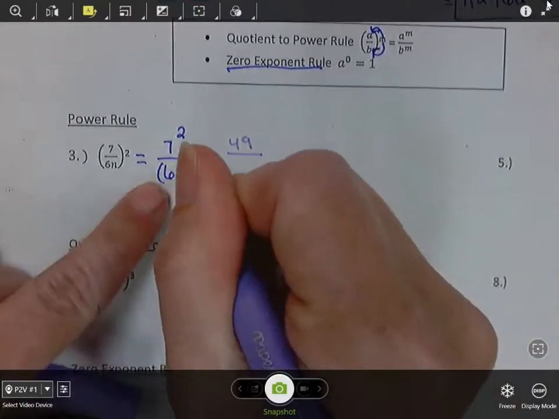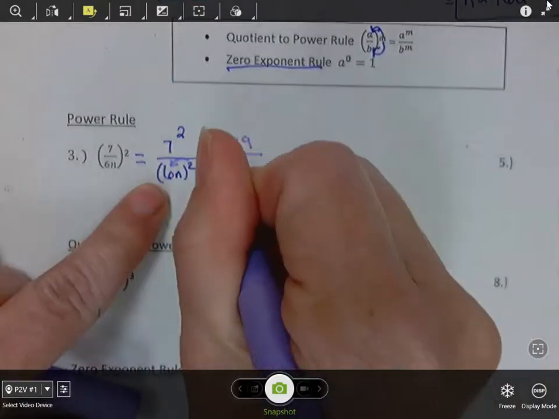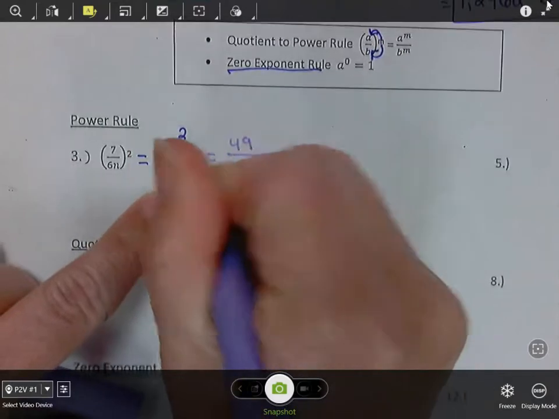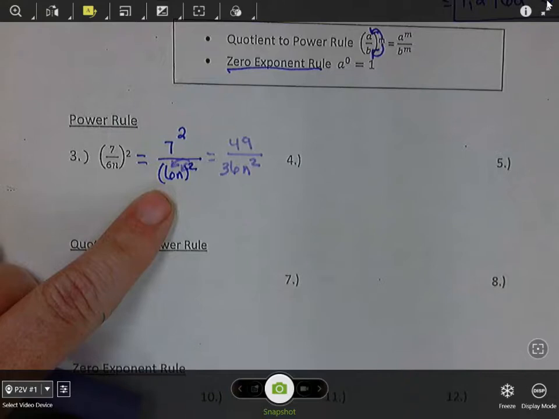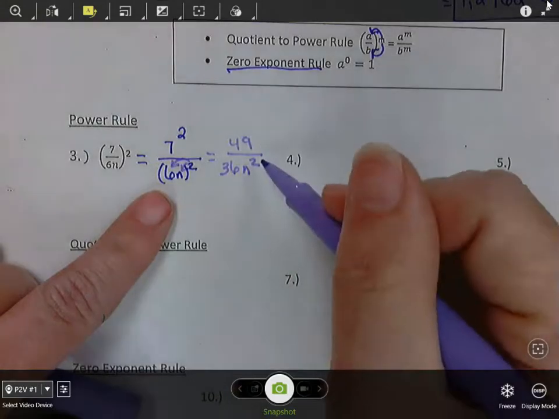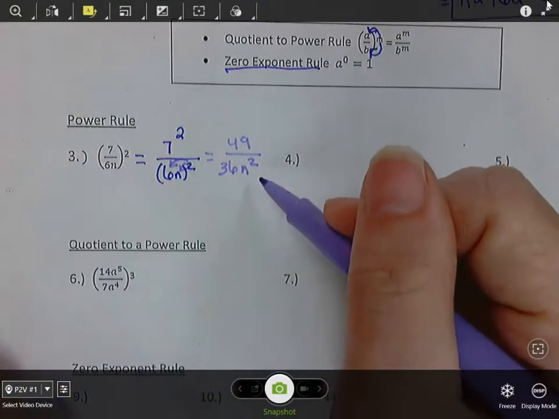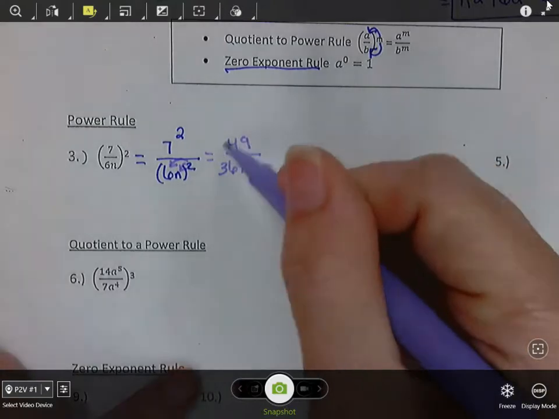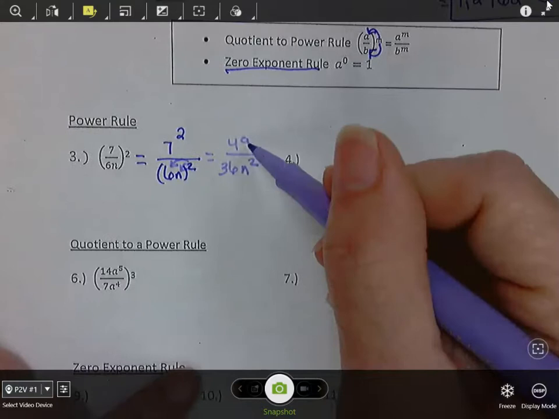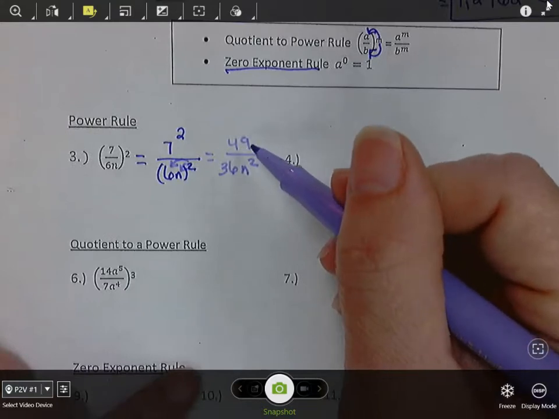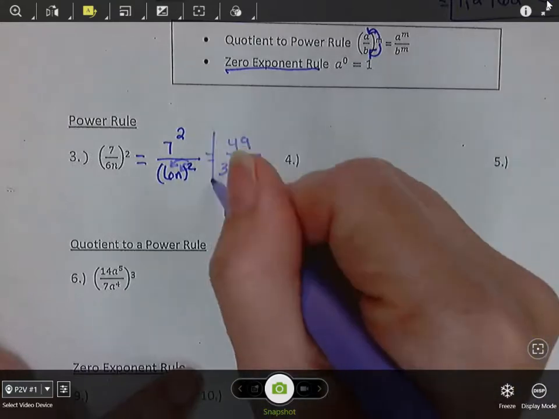Then you have to do 6 squared, which is 36, and n squared. So you have 49 over 36 n squared. Now the last thing you need to do is see if you can reduce 49 over 36. 49, its only factors are 1, 7, and 49. So we're good. So this is our answer.